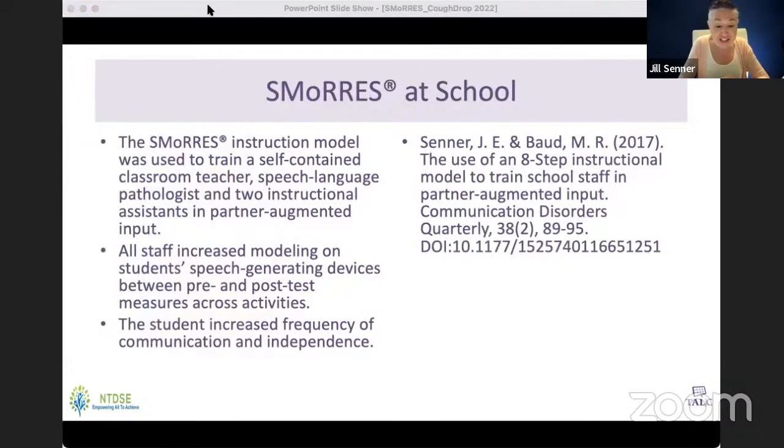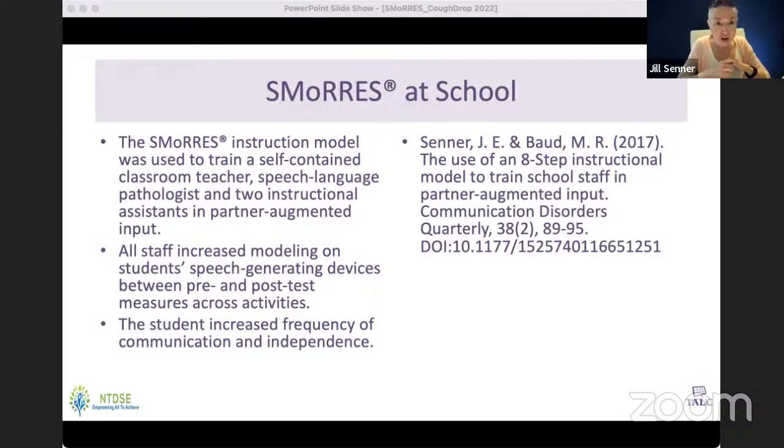In 2017, we published the school staff article. This, unfortunately, is not an open source article, but again, if you geek out over reading research like I do, please do feel free to email us. Our emails will be at the end of the presentation, and we'll gladly send you a reprint.